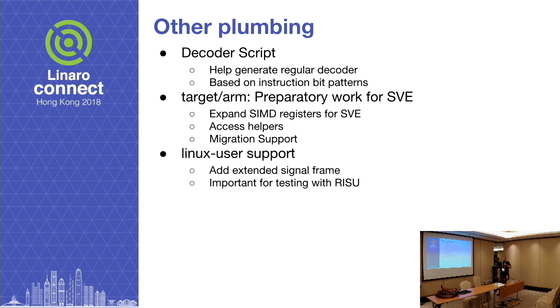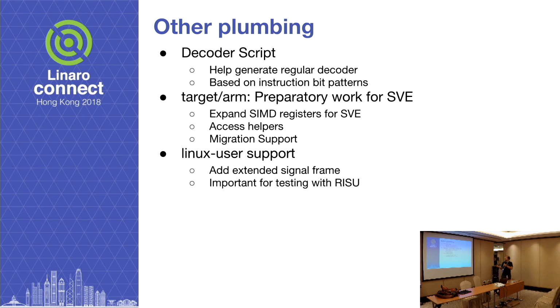A couple of other bits we did. One of the problems with writing decoders in QEMU is it's quite an error-prone process if you're doing it by hand, because you're typically reading an instruction manual, looking at the bit patterns for all the fields, extracting them, extracting the register numbers. And it's quite easy to get this wrong. Having been bitten by this a number of times, we thought, is there a smarter way we could do this?